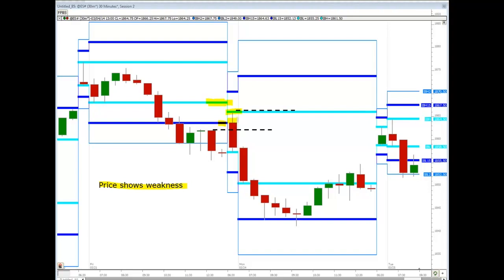So what happens then? When I begin to see prices coming back down, and they didn't have really much momentum or much force to continue to the upside, and as they break the high of this particular candle, which we had taken out in the gap, I would be thinking about a short.